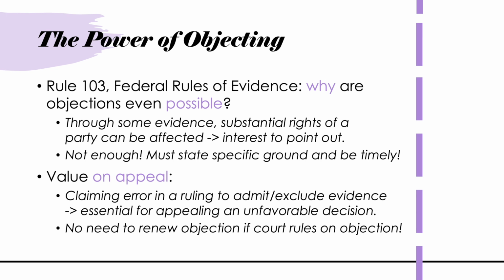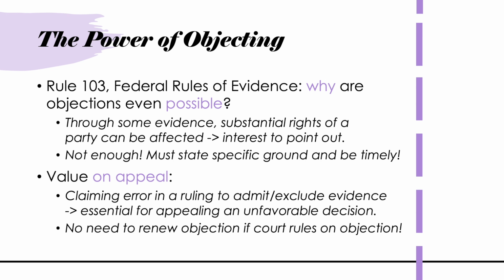If based on that piece of evidence being excluded or admitted, you lost the case, or the case was in an unfavorable outcome, you can appeal the case, but only if you voice that objection. So if you did not object, and this piece of evidence that you didn't object to, say, cost you the entire case, well, sorry, you should have objected. So on appeal, you'll have a much, much greater time. It'll probably even be impossible.